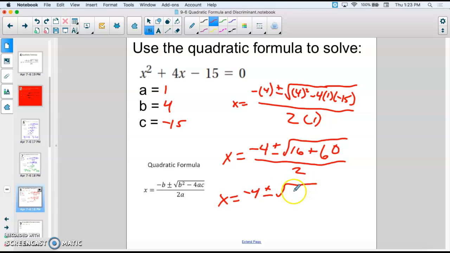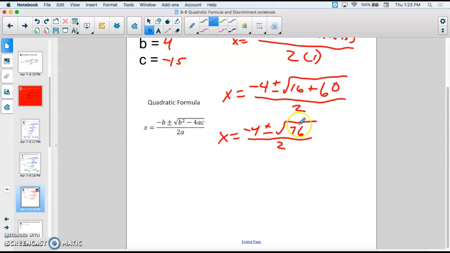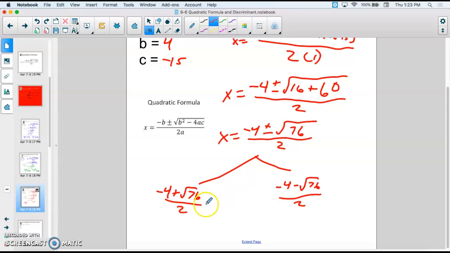Let's see, when we add those together, that's 76 divided by 2. Again, the square root of 76 is not nice, and so at this point we break it up. Negative 4 plus the square root of 76 over 2, and negative 4 minus the square root of 76 over 2.